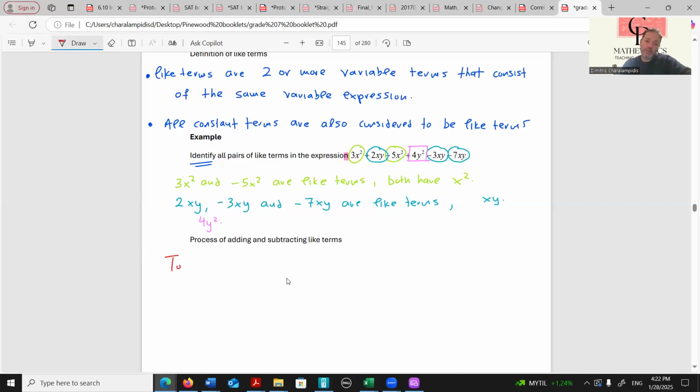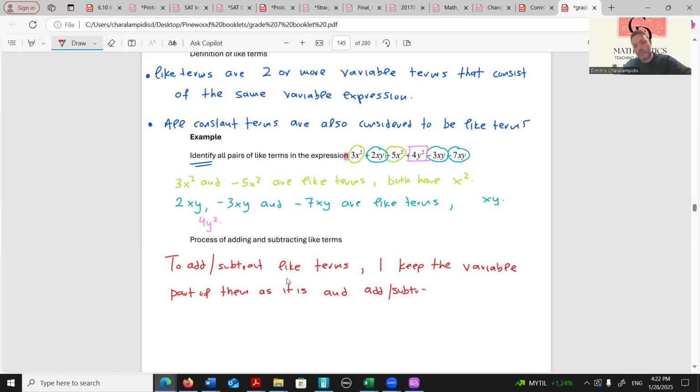To add or subtract like terms, I keep the variable part of them as it is and add or subtract their numerical parts.